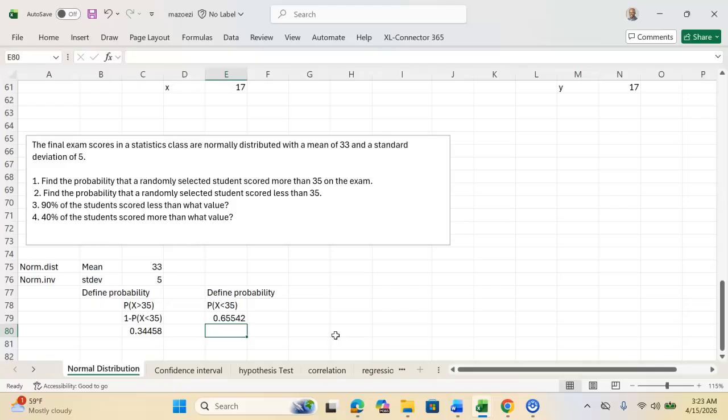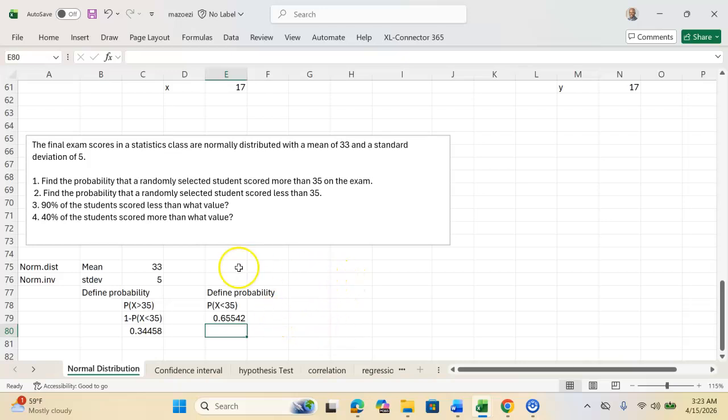So we're looking at the probability of the values below 35, and the probability of the values above or more than 35. That is the second question.